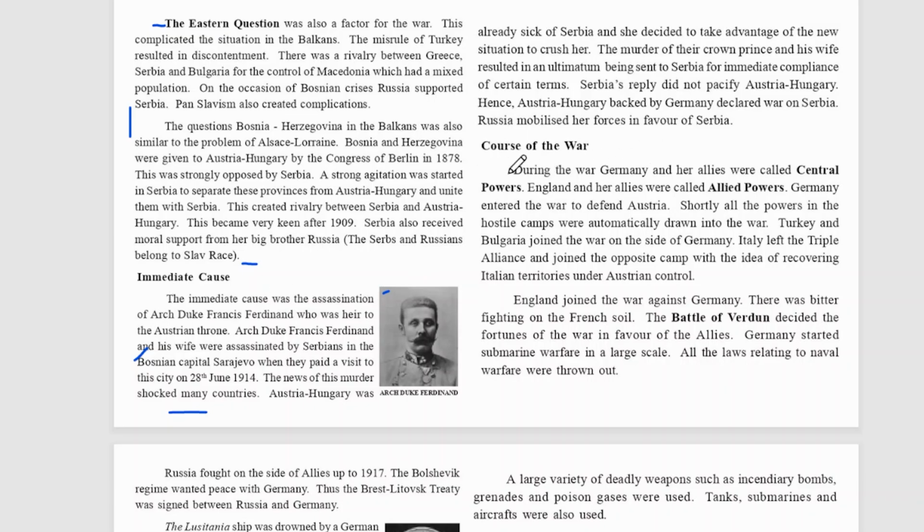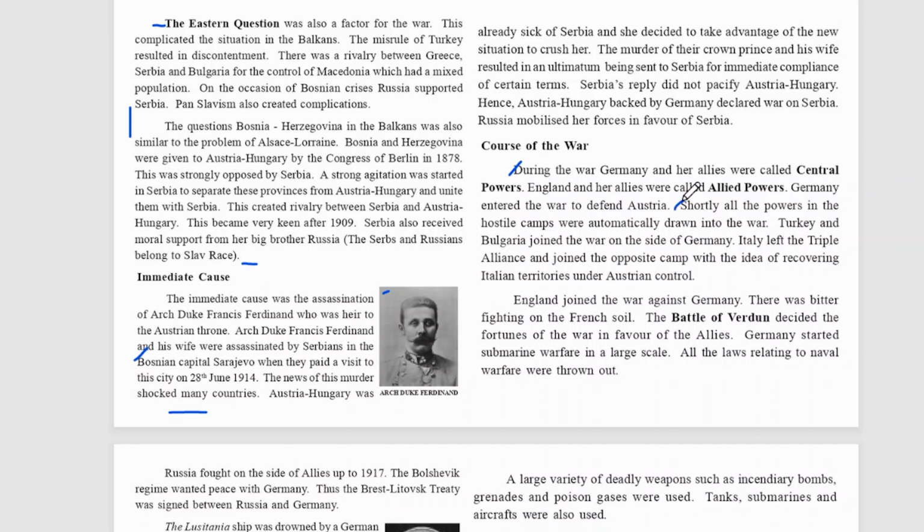And the course of the war. During the war, Germany and her allies were called Central Powers, and England and her alliance were called Allied Powers. So there are two powers in the war: Central Powers and Allied Powers. Germany entered the war to defend Austria.